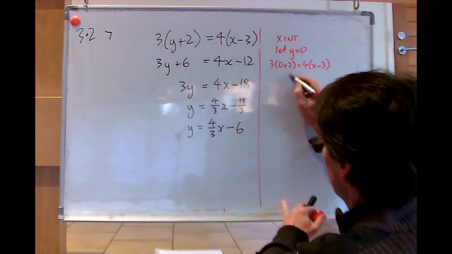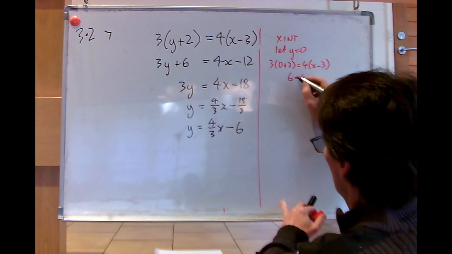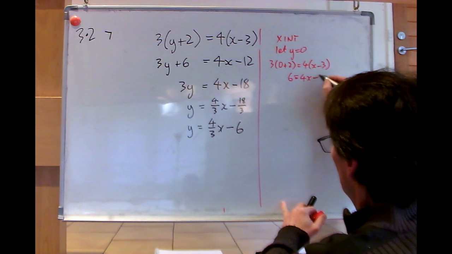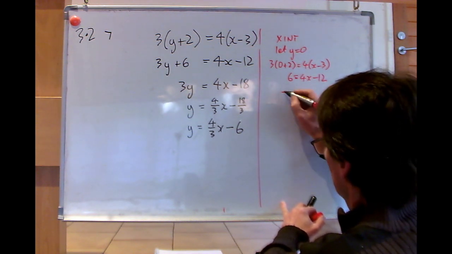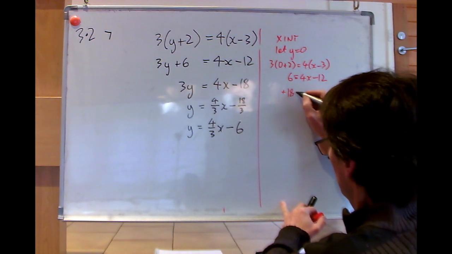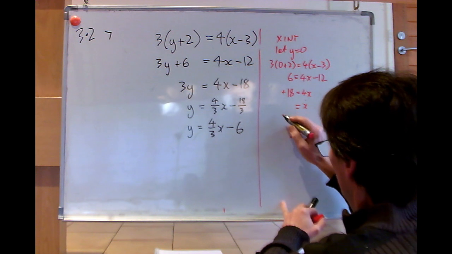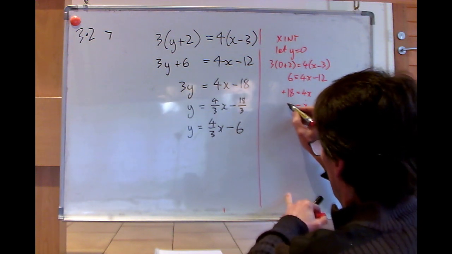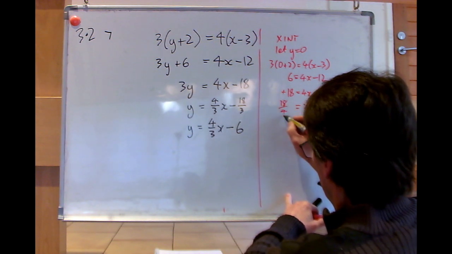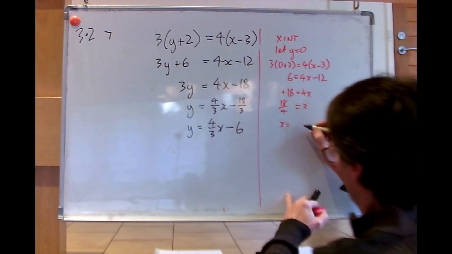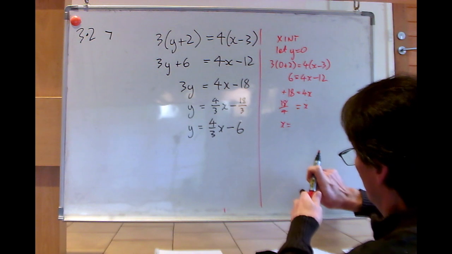And I get 6 equals 4x minus 12. That comes across as a positive, so I get 18 equals 4x. Which will give me 18 on 4, which is the same as 4.5.